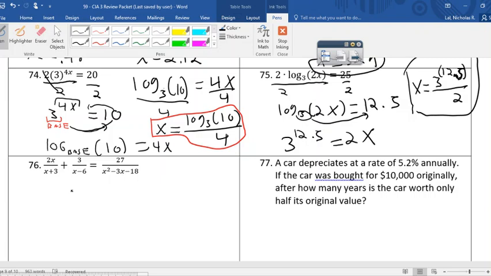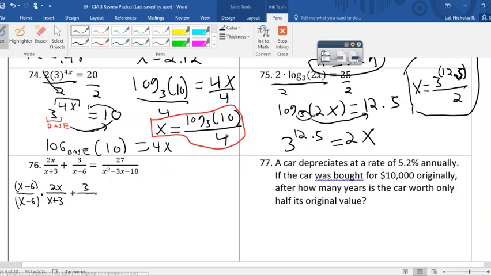So we will have 2x over x plus 3, and in order to get a common denominator, I'm going to multiply this by x minus 6 over x minus 6, plus 3 over x minus 6. I'm going to multiply this by x plus 3 over x plus 3.